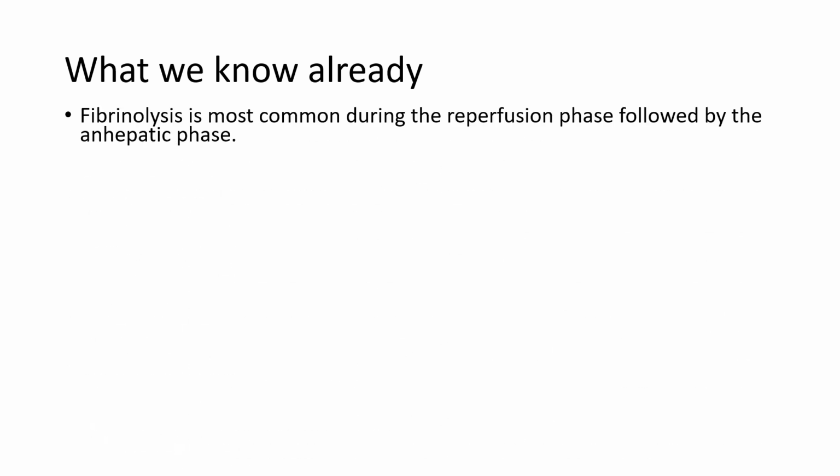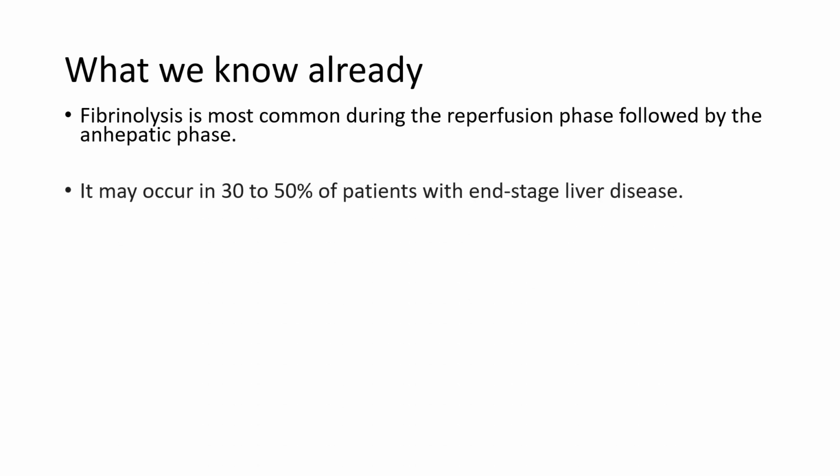So what we know already is that fibrinolysis is most common during the reperfusion phase of liver transplantation, followed by the anhepatic phase. It occurs in about 30 to 50% of patients with end-stage liver disease.